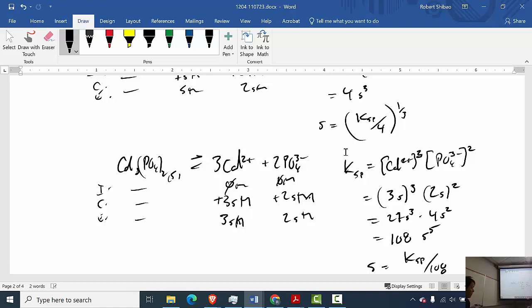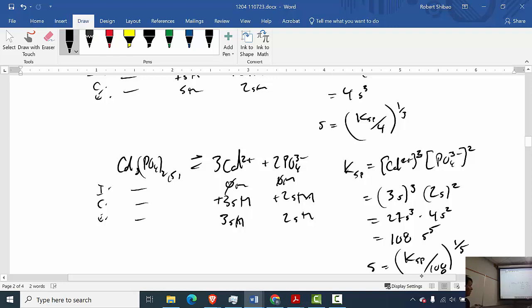And we'll just look at it in terms of order of magnitude to the 1/5. And so that was 10 to the minus 33. So 33 divided by 5, it's going to be about 6. The solubility is around 10 to the minus 6. And for this, the solubility is around 5/3.